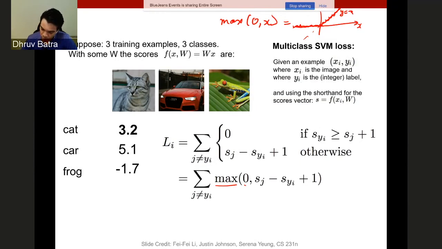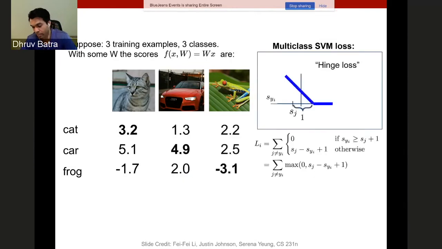Okay, so max of 0, sj minus s sub yi plus 1. This is our loss, and we sum this over all j's, so all other categories other than the ground truth category. Let's take a look at an actual example. Oh, by the way, this is known as the hinge loss.